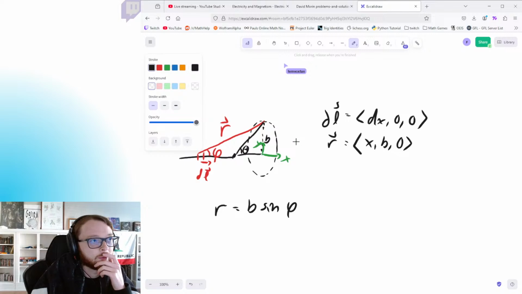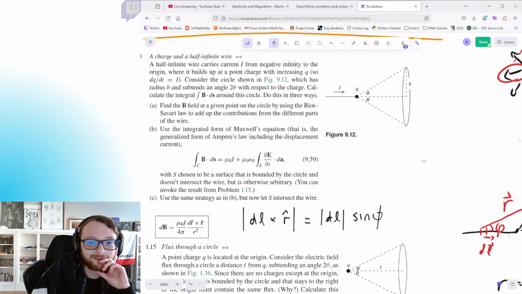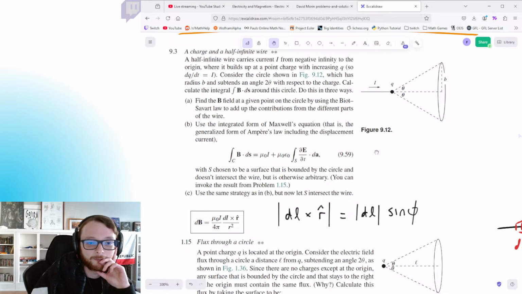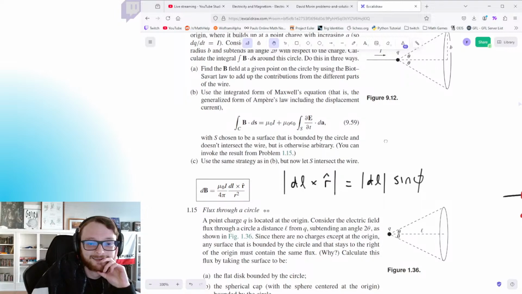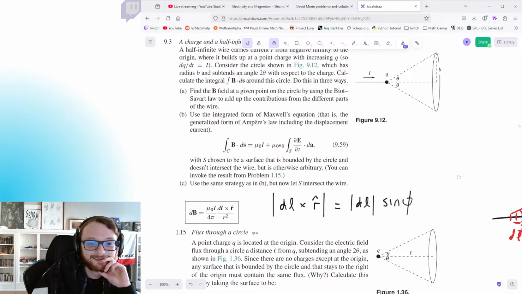The farther away we get, I don't know. Wait, if this isn't enclosing any current, shouldn't there not be a magnetic field? But it's close to a current, right? I guess so.